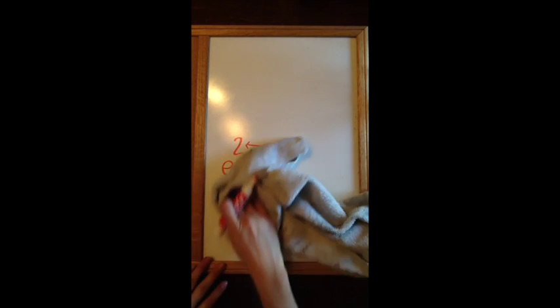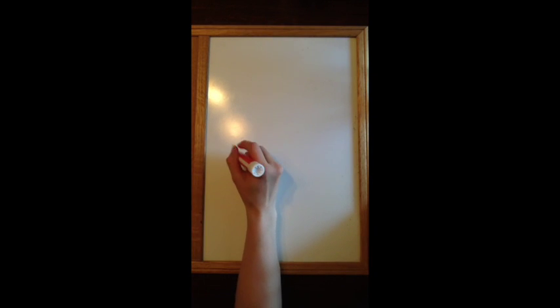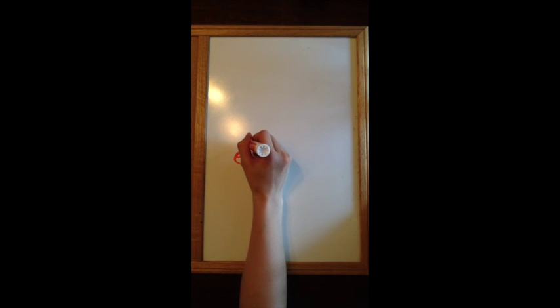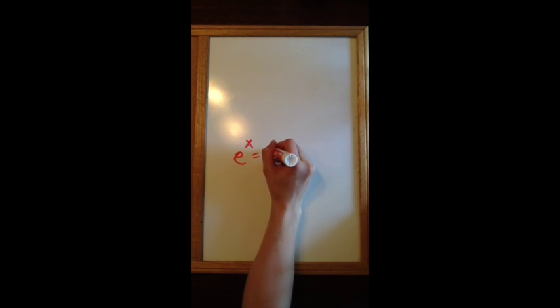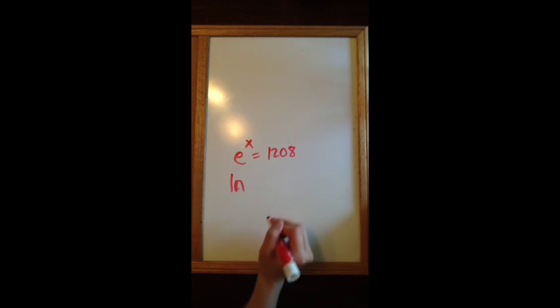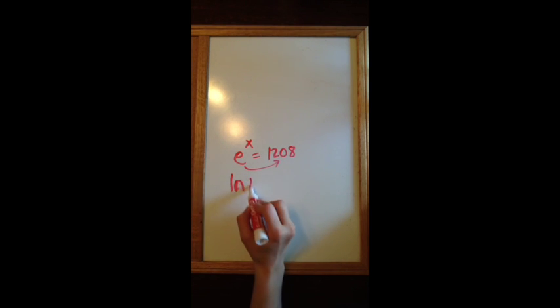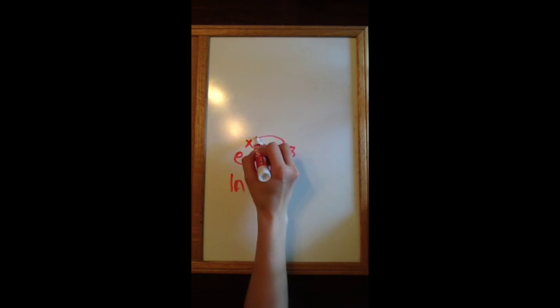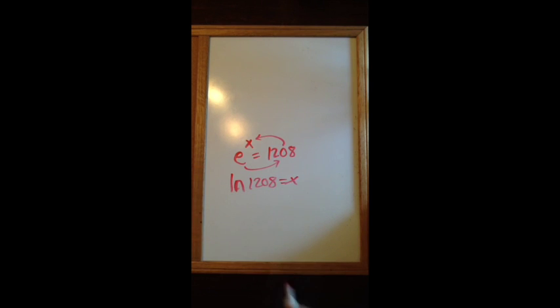If we have e to the x equals 1208, when I switch this, it's going to be log base e, which I'm going to write as natural log of 1208, then hop back to the other side equals x.